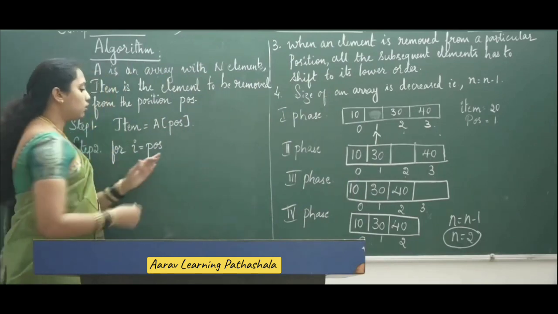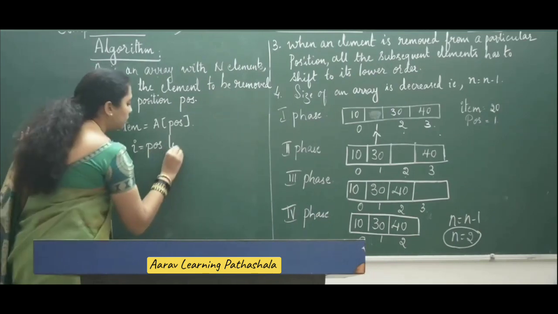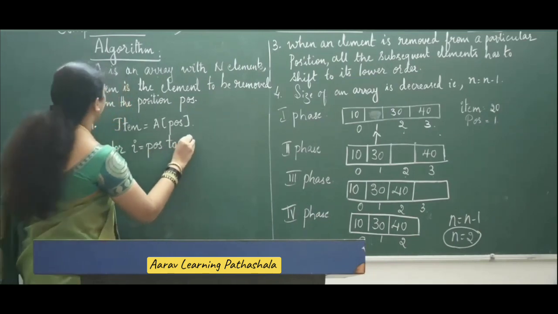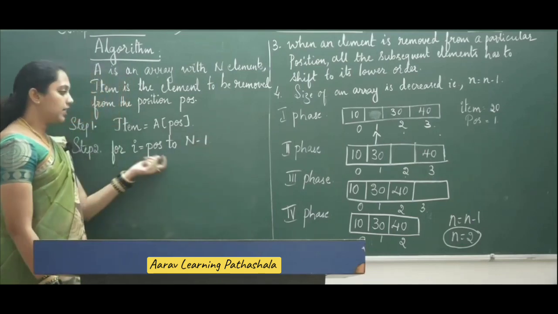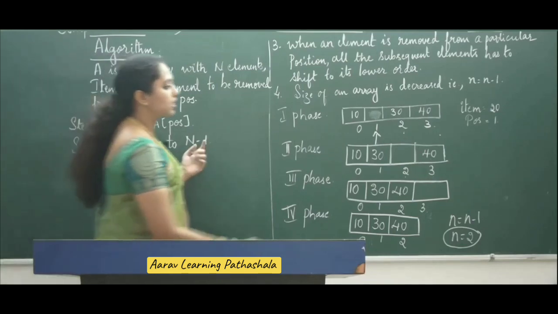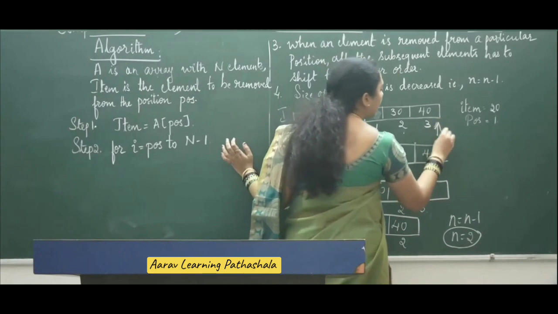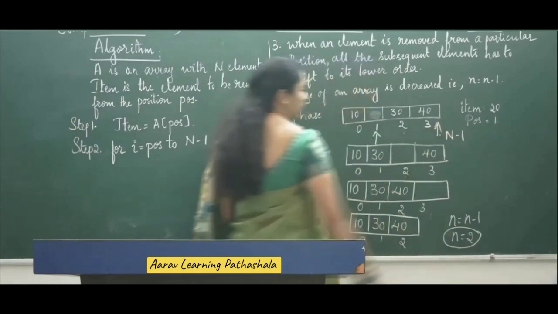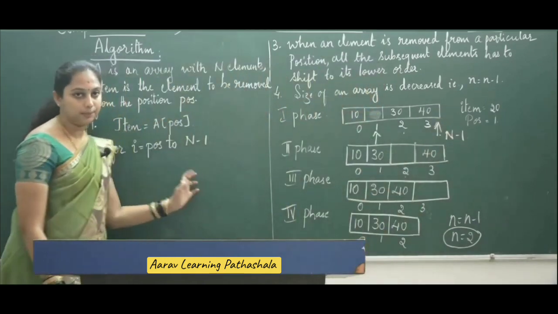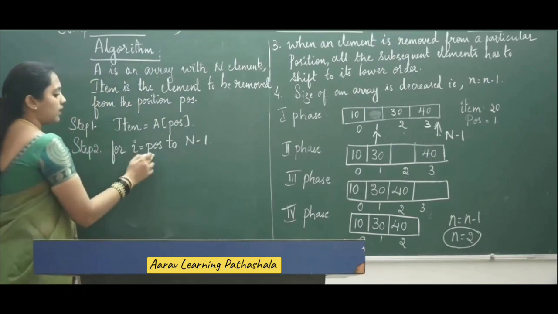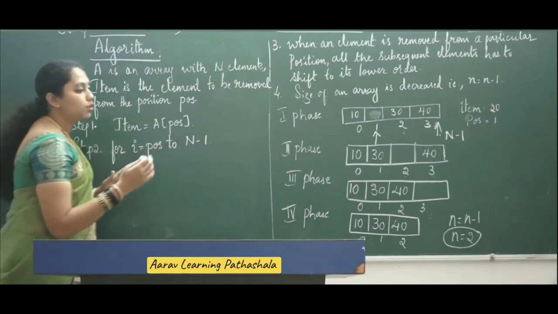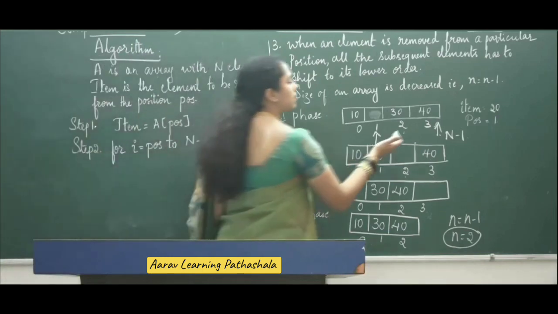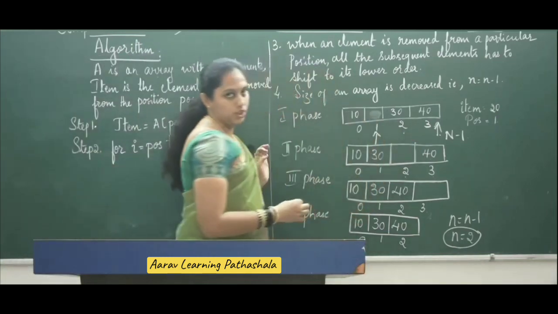For I is equal to position to n minus 1, which is nothing but the last position of an array. So for I is equal to position to n minus 1, what we have to do? We have to shift all the elements to its lower order position.